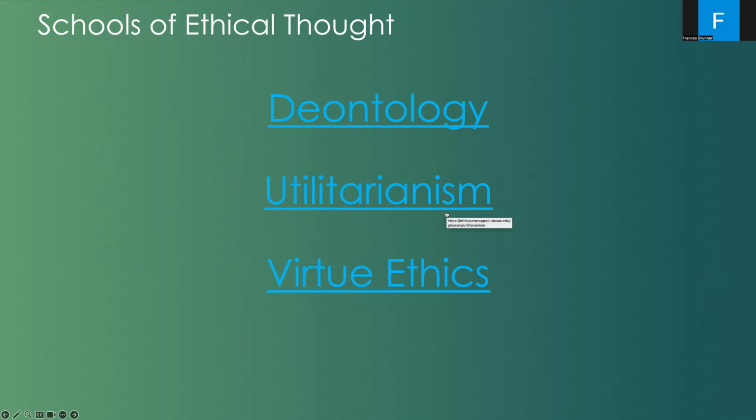There are many variations and sub-variations and combinations of these, but this is a very brief introduction to deontology, utilitarianism, and virtue ethics. I would love for you to click on the links in the presentation and either pause now or go back. I would actually watch them prior to starting the chapter 3 discussion because I think it will help build and edify your knowledge of these topics.